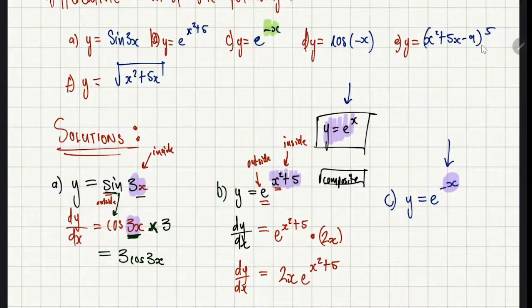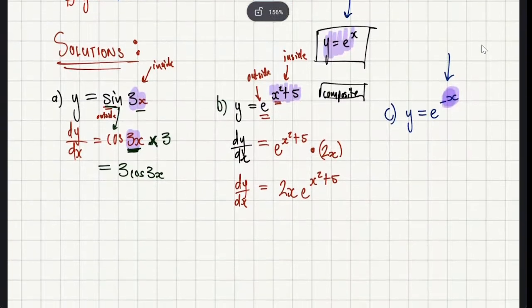Remember that all these functions are from real life situations, calculations that scientists and engineers and doctors are doing. So you meet a situation which gives you this type of function. You need to differentiate it so you can find the rate of change. So you should be able to recognize, this is the composite one.